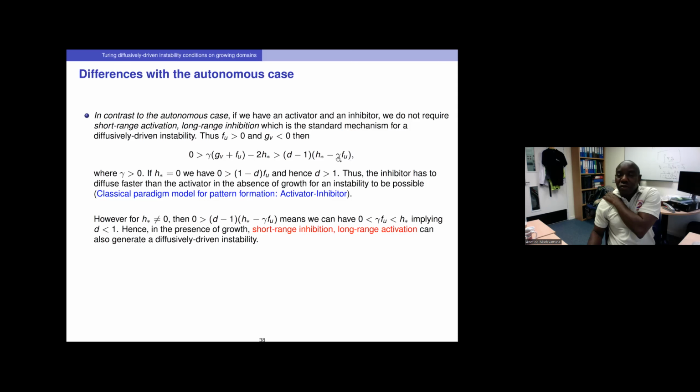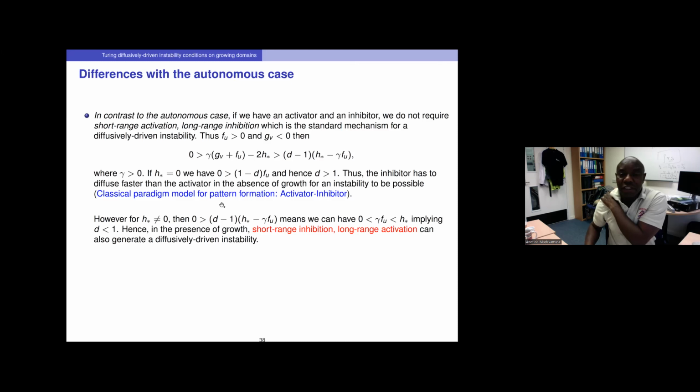So if you assume that u is the activator, i.e. the partial derivative of f with respect to u is positive, and you assume that g is the inhibitor, so g with respect to v is less than 0. In the absence of domain growth, and this is important, h star is equal to 0. You can show that you have this condition now, which is 0 is bigger than 1 minus d f of u. And this means, because f of u is positive, you really need d to be bigger than 1 for this condition to hold.